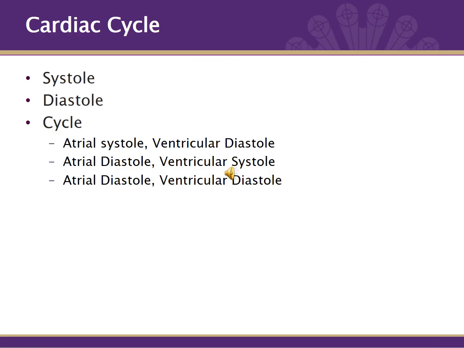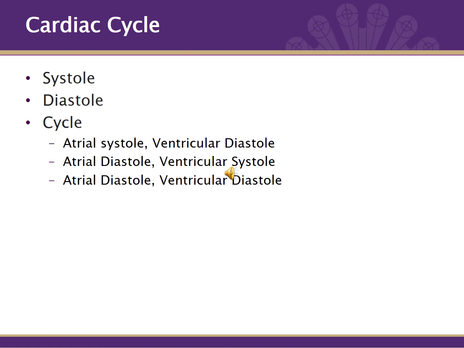The cardiac cycle is one complete contraction and relaxation of all four chambers. Systole refers to the contraction of heart muscle. Diastole refers to the relaxation of heart muscle. So a full cycle would be described in the following manner.